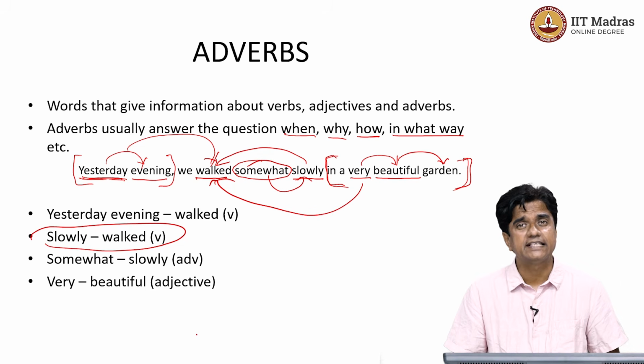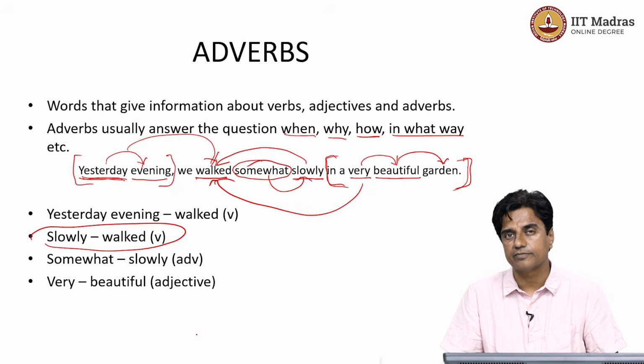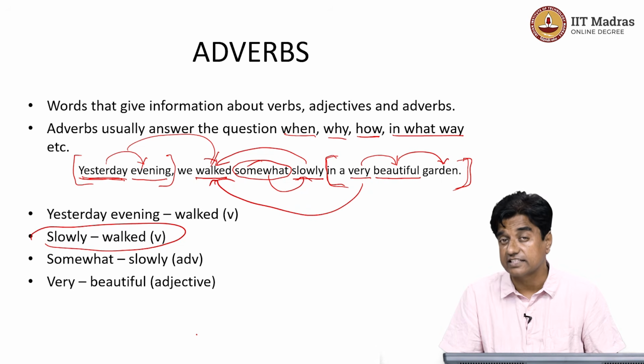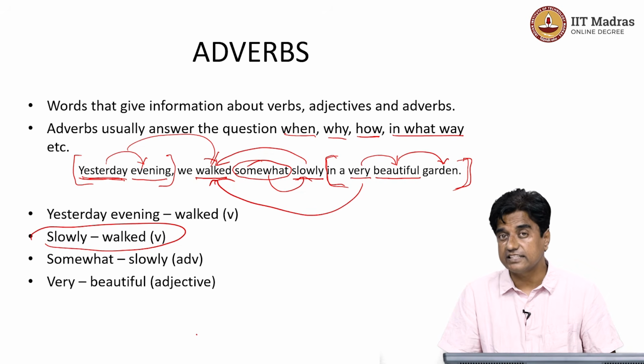So please make some more examples of this type and see what those words are, what types of adverbs they are, and what the functions are. Alternatively, you can just take a random sentence and see if that sentence has an adjective, if that sentence has an adverb, and that will build your foundation for understanding these things.